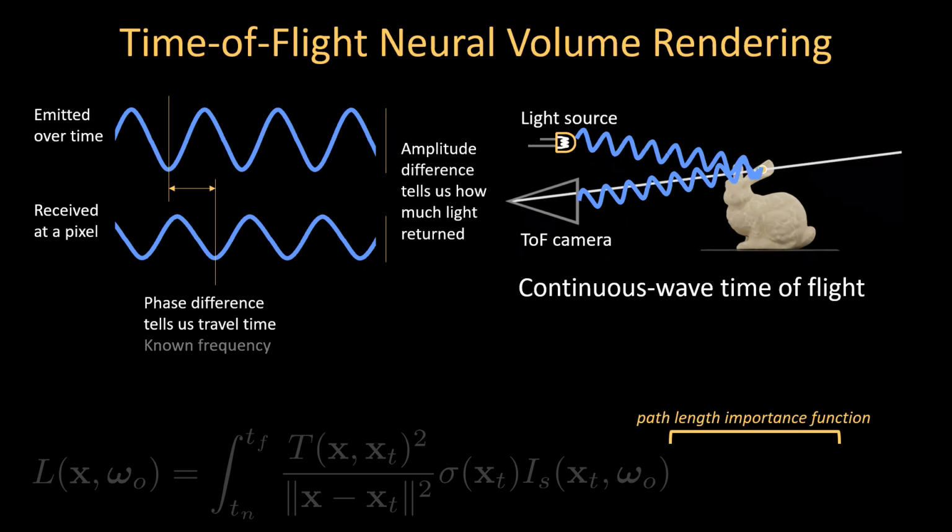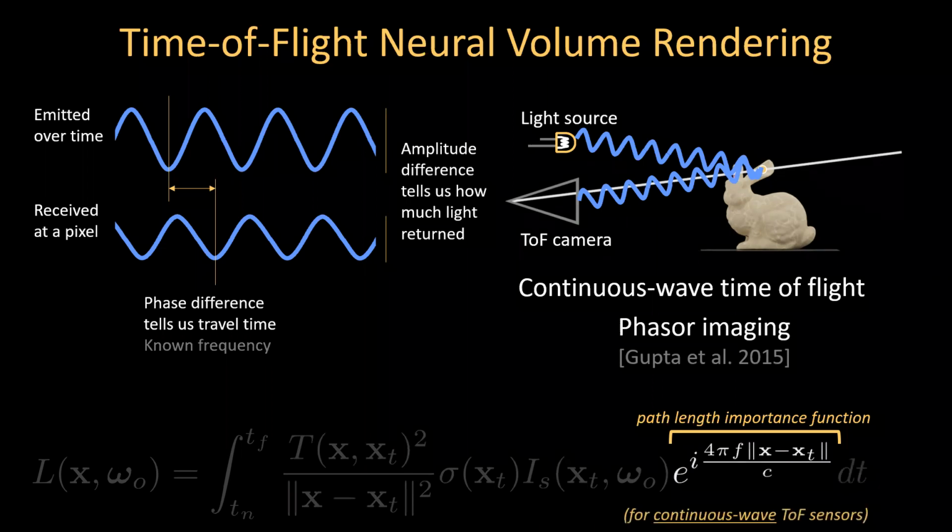We can relate those two concepts through this formulation from Mohit Gupta called phasor imaging. Here is where we change the path length importance function. You have to remember your high school maths for this bit. Do you remember Euler's formula? Euler's formula relates a complex exponential to the sine and cosine.